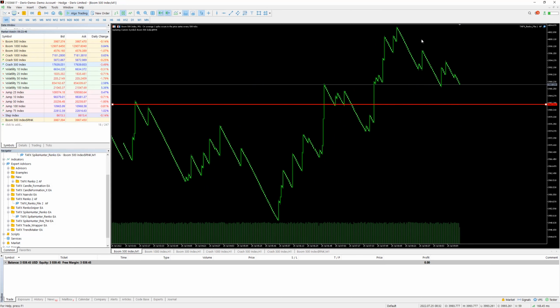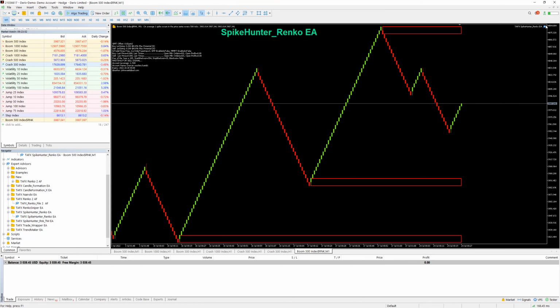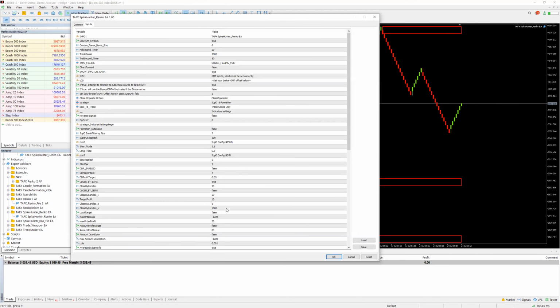So you can minimize that loss by setting the close by 5 to the number of candles at which you'd like the EA to close the market if it doesn't come your way. If it gets lost and it's not coming your way, you can set those candles here, and the EA can close all the open positions.